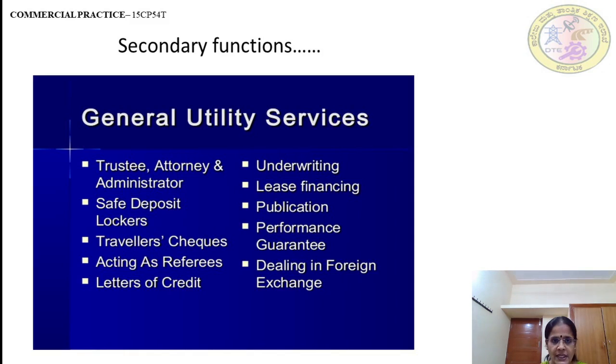These activities done by the bank on behalf of the customer are what is called the banker working as a trustee, a person who is entrusted with some property by the author of the trust for the benefit of another person called the beneficiary. On this aspect, he works as an executor and also as an administrator. As an executor, he collects the amount due to the deceased and pays off the debts of the deceased.